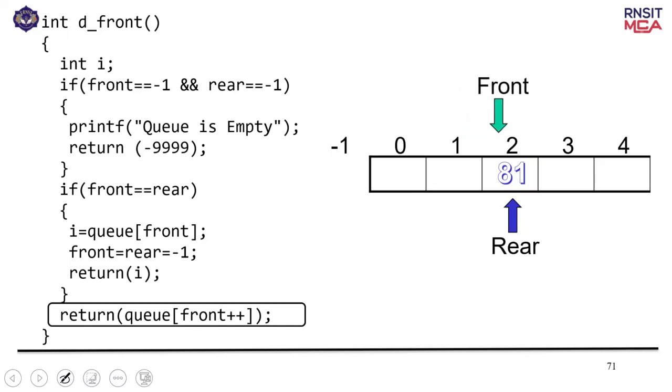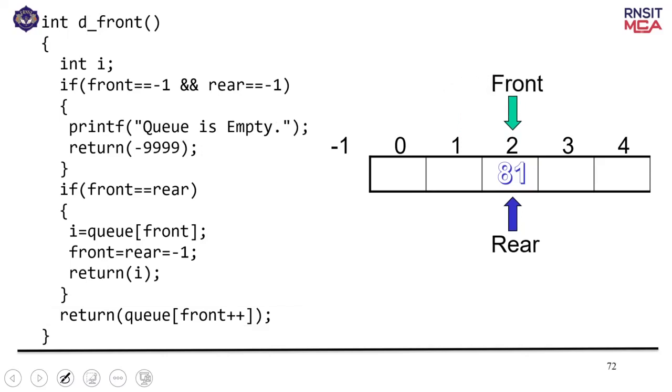Observe now the same thing. Yes, 56 is returned, then front is incremented by 1. Now rear and front are pointing to the same element. Now let us see what happens. Is front equal to -1 and rear equal to -1? No. Is front equal to rear?